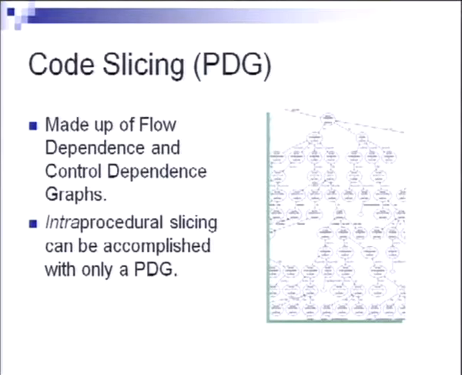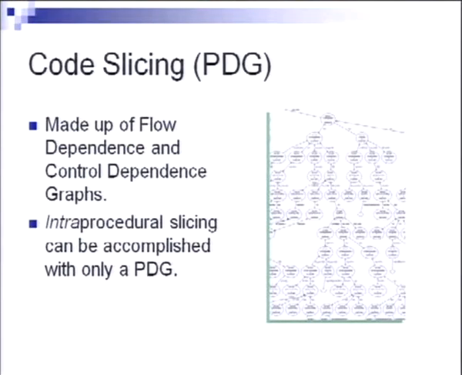So the program dependence graph is made up of two subgraphs. It allows intra-procedural slicing. If you do a PDG on some function you write, you can figure out exactly which instructions will affect other instructions in that procedure, but you cannot do it throughout the whole program.